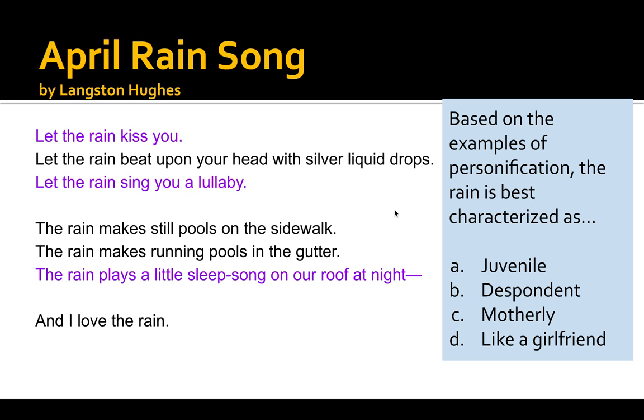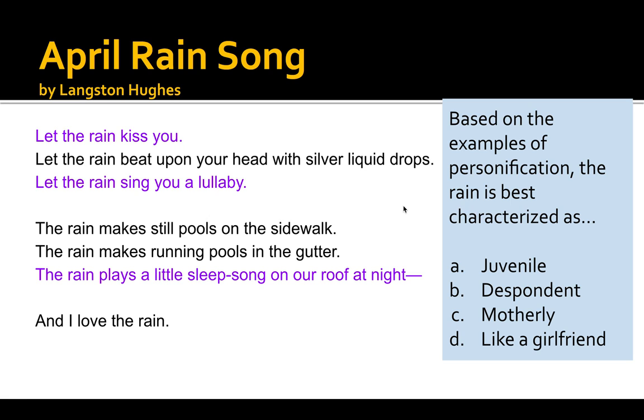Based on the examples of personification, the rain is best characterized as juvenile, which means young and immature, despondent, which is depressed and hopeless, non-responsive, motherly, like a mother, or D, like a girlfriend.